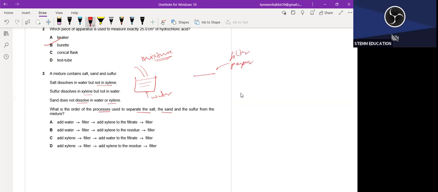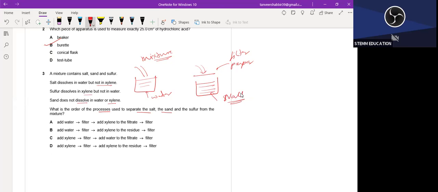I will take another beaker which is empty, and I will pass this solution over this filter. So what will happen here? The liquid in which NaCl is dissolved will be collected on this side.